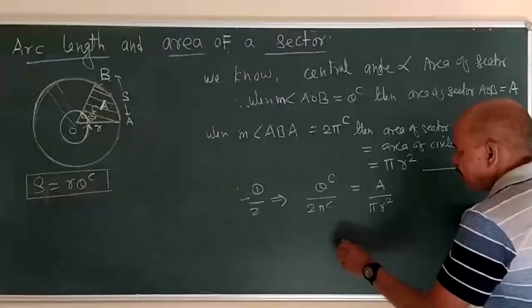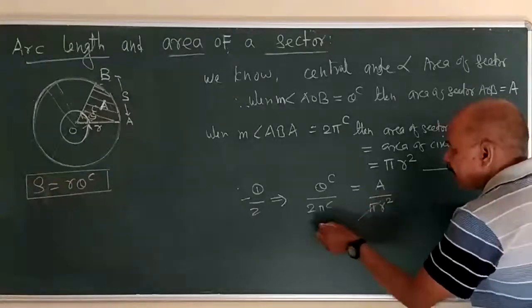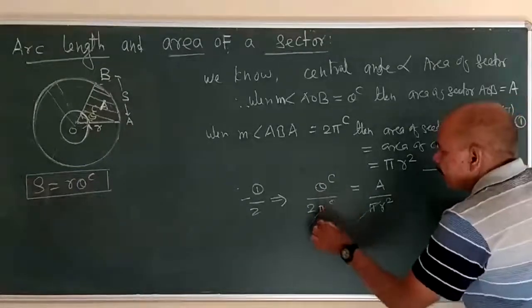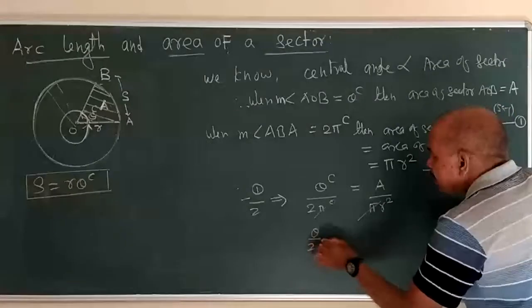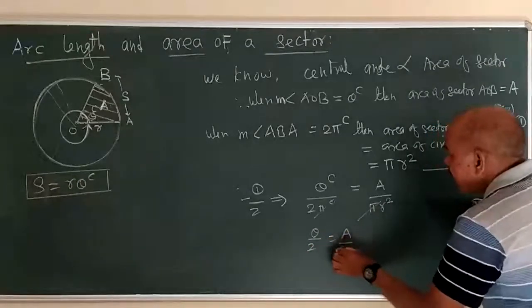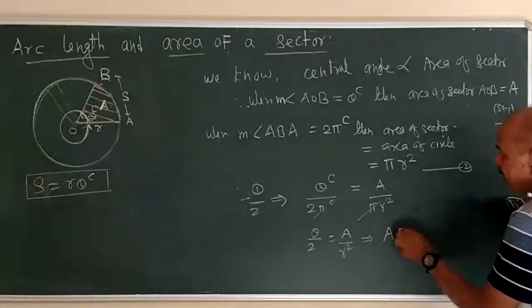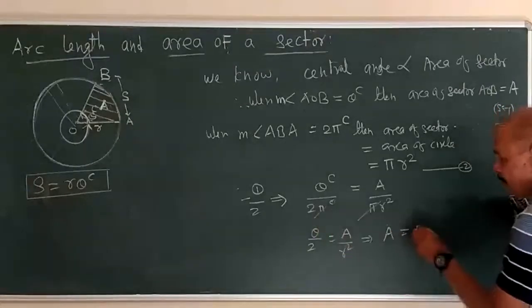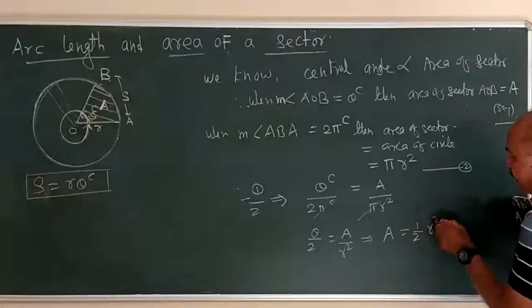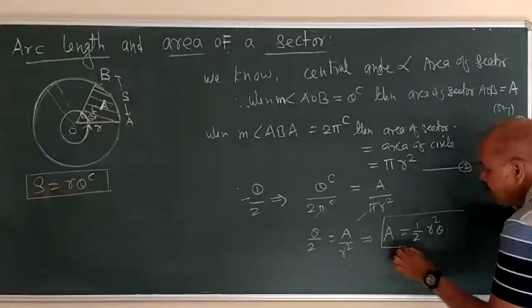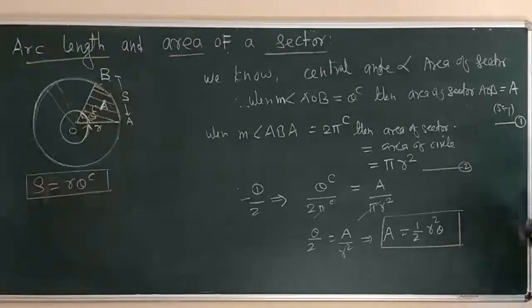By cancelling pi throughout, you get theta upon 2 equals A upon r square. And therefore what is A? A equals 1/2 r square theta, where theta is in radian, and this is the formula for finding the area of a sector.